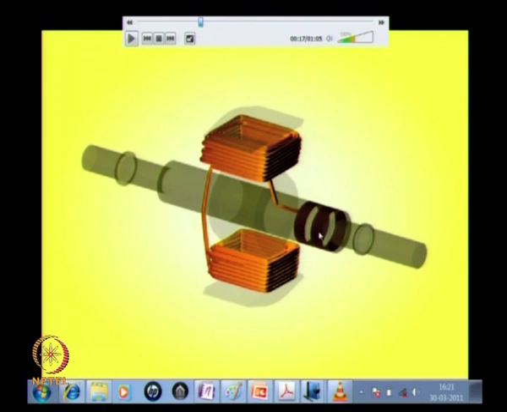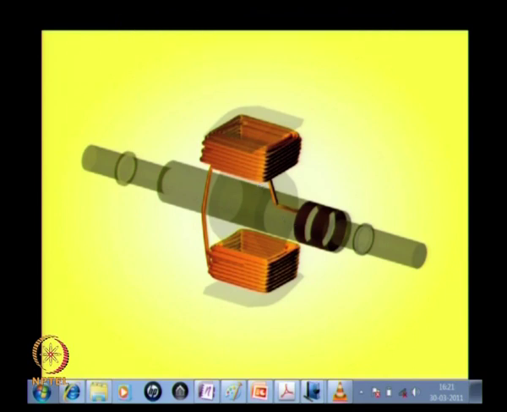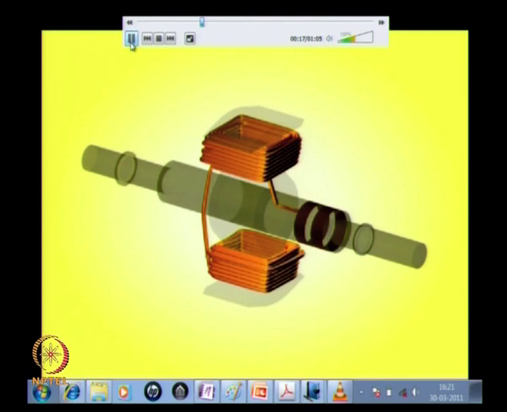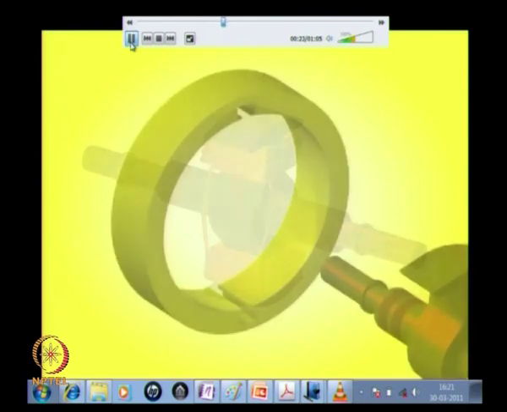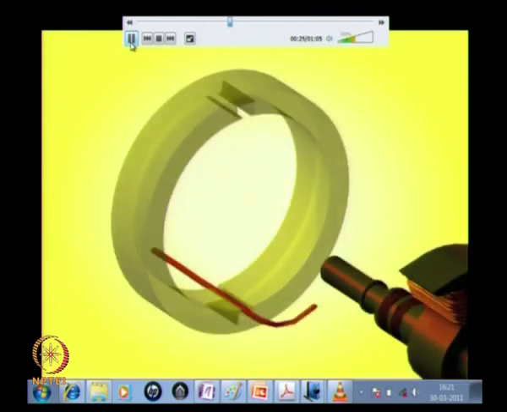These two are the slip rings through which the excitation is then provided to the rotor field coils. The rotor has now been wound and should be inserted into the stator.